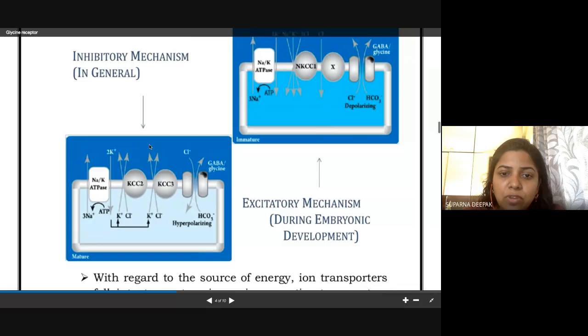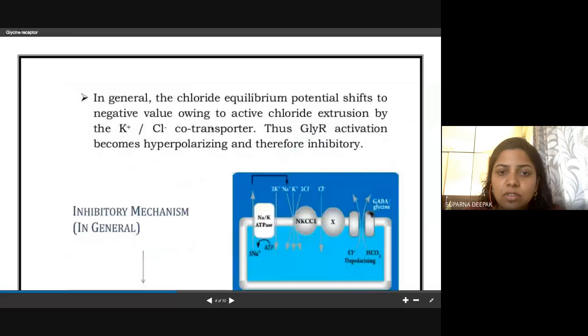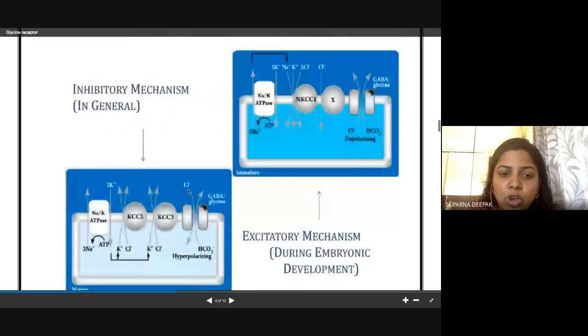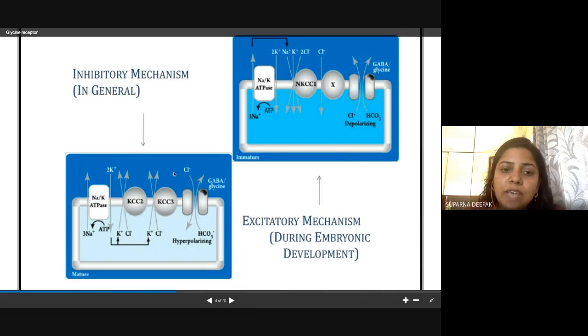Then you have different types of co-transporters, called K plus Cl minus co-transporters, KCC2, KCC3. With these co-transporters, when potassium ions are moving outside, chloride ions are also moving outside, and that is how chloride ions are kept more outside the cell.